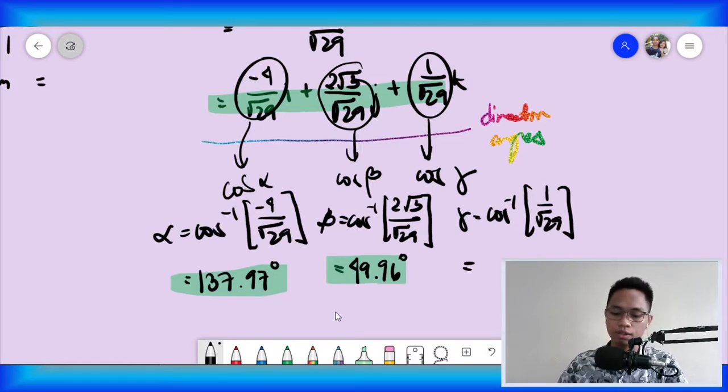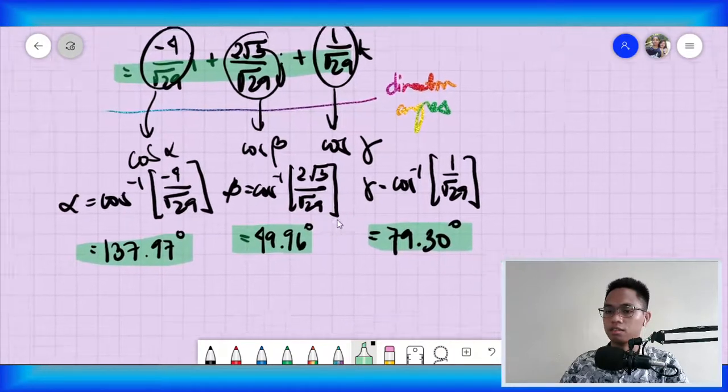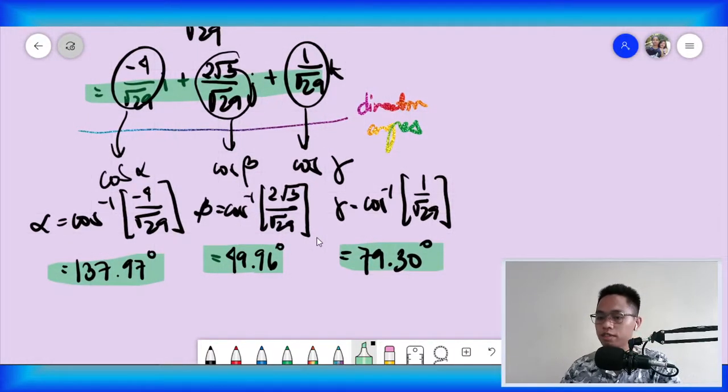So this would be 79.30 degrees. Okay, so we already have your alpha, beta, and gamma: 137.97 degrees, 49.96 degrees, and 79.30 degrees.